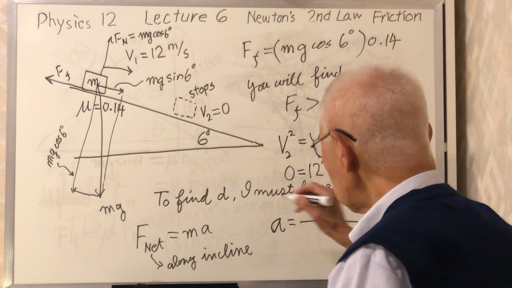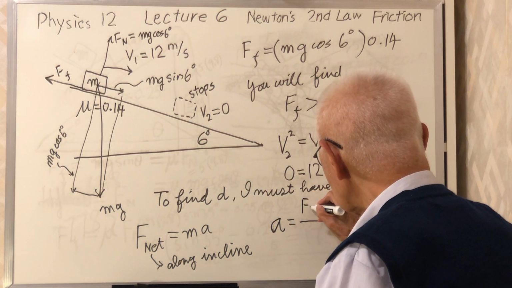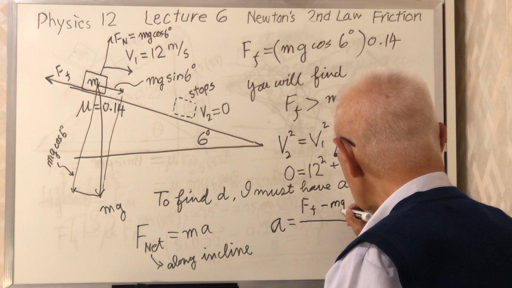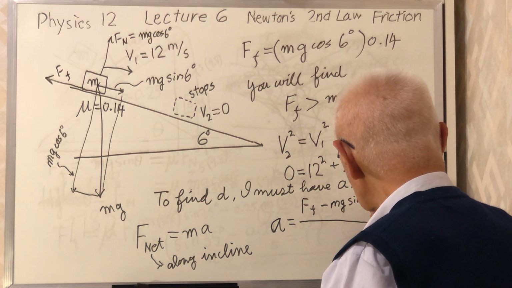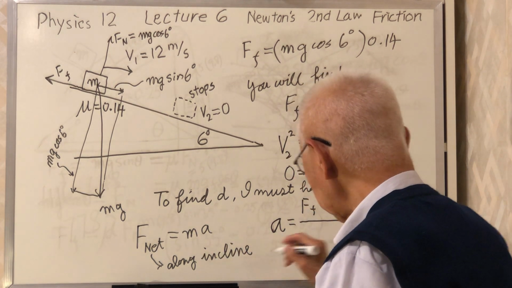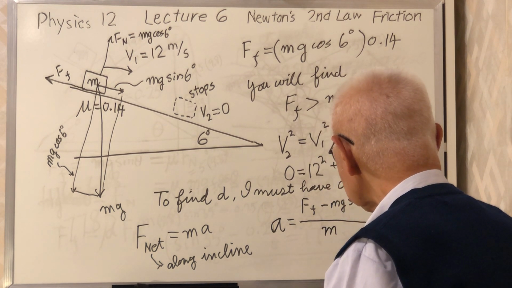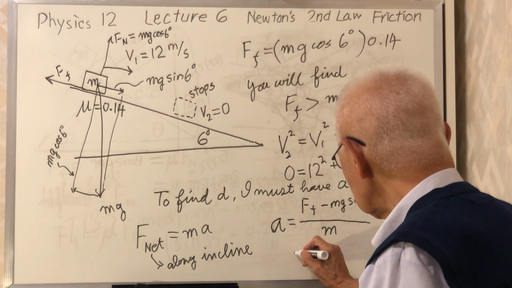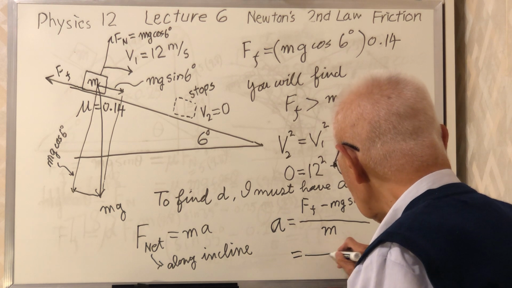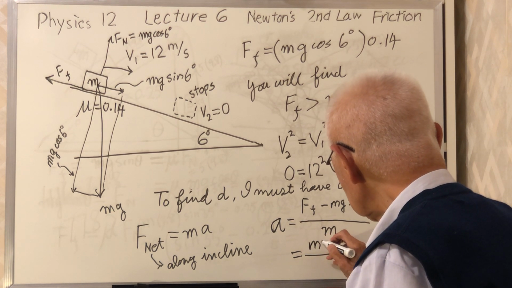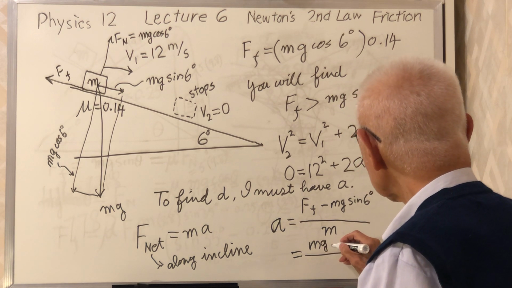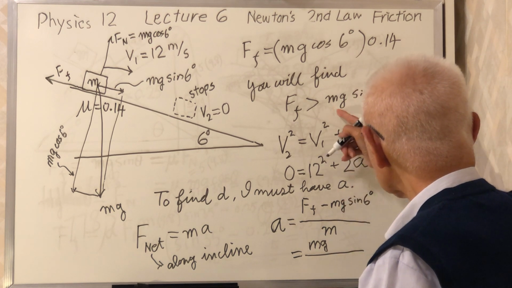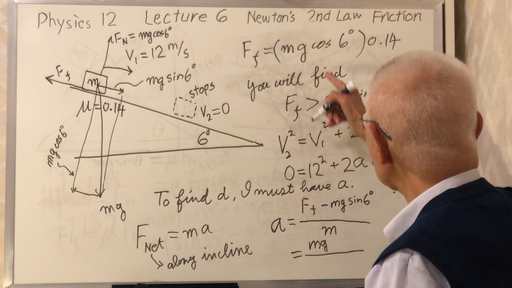Net force is the friction force minus mg sine 6, divided by mass. What is the friction force? It is this, mg cosine 6.